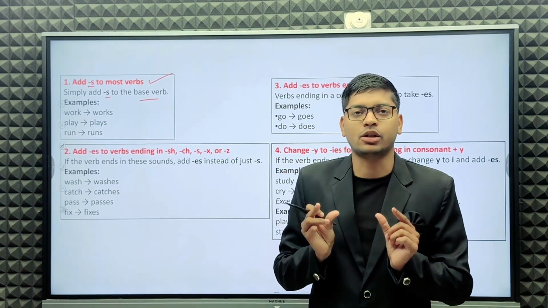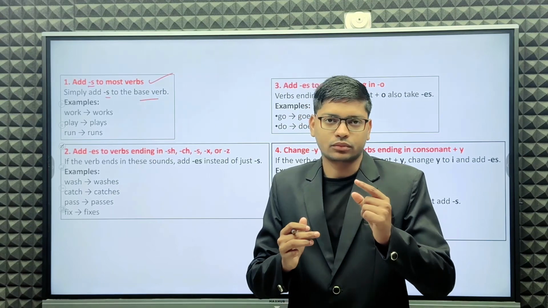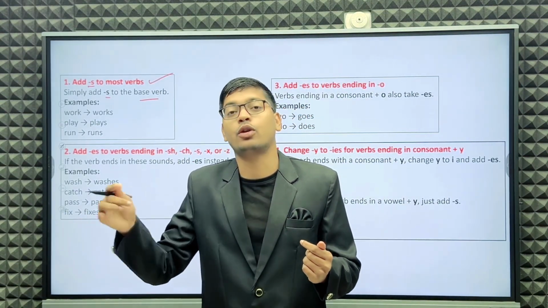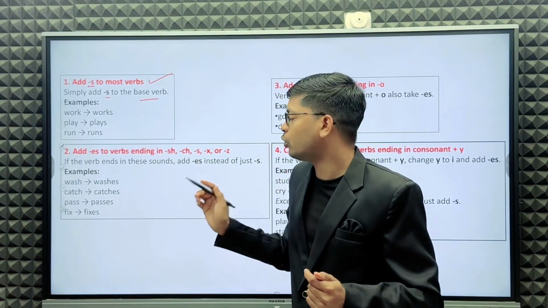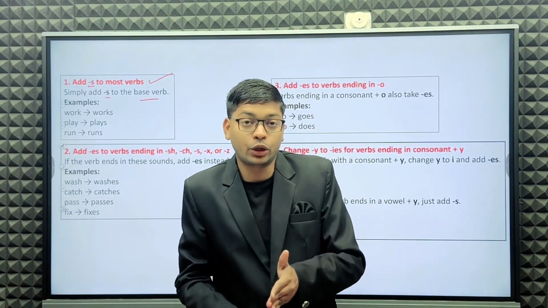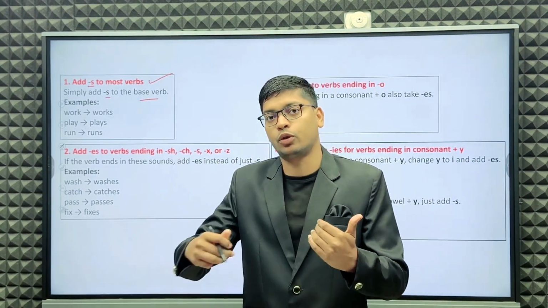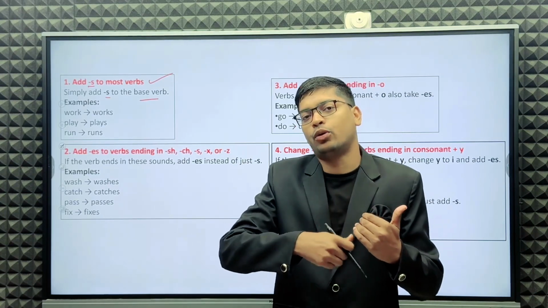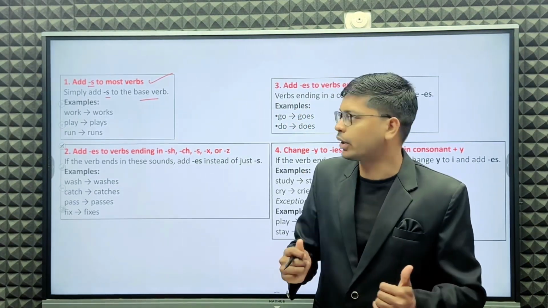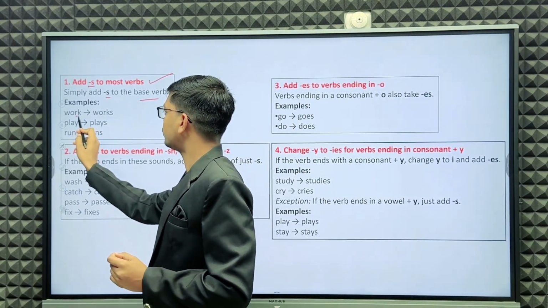This is a subject-verb agreement rule. We need to make the verb agree with a singular subject. The base form of the verb is not the singular format, so to change it we have to add s or es to the end of the verb.